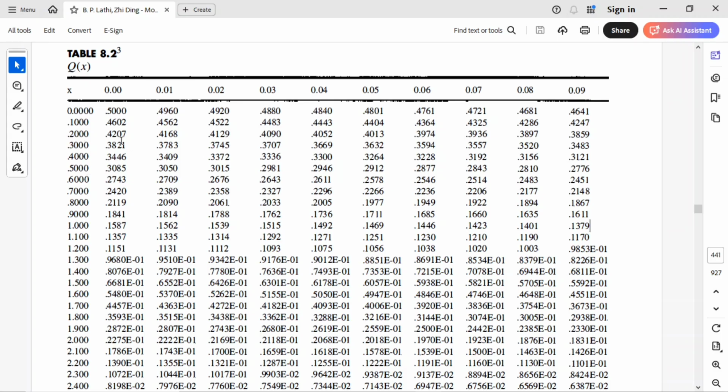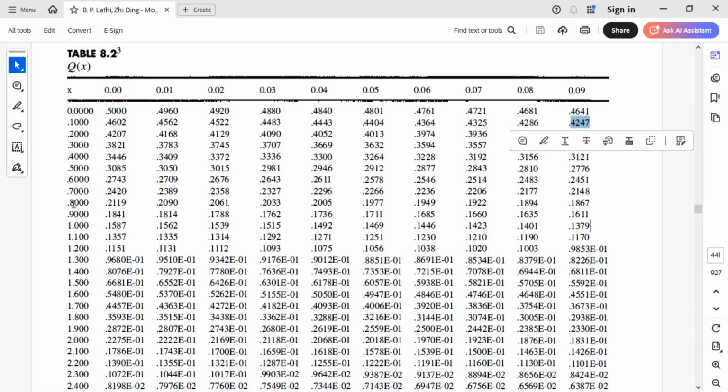You can also use the row and column: suppose I take this x value, this and this, then it is 1 plus 0.09, so you get 1.09. So this is the value of the Q function at 1.09.